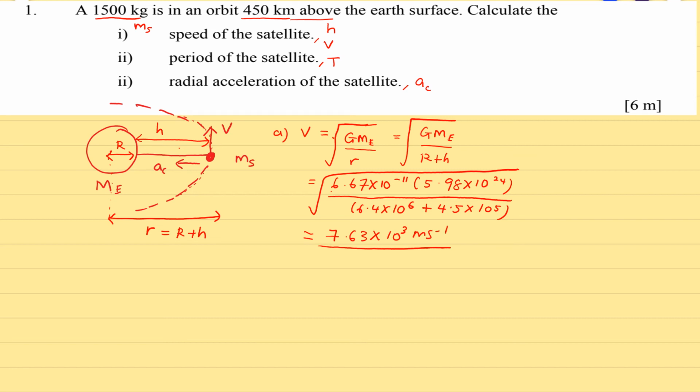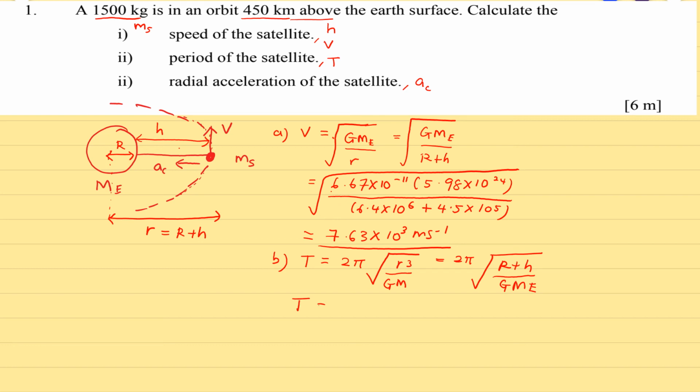Okay, next question. Period of the satellite. Period is the time taken to complete one cycle. So what is the period of the satellite? We use the equation 2 pi square root of r cubed over GM. As usual, r is the radius of Earth plus altitude, divided by G m Earth.